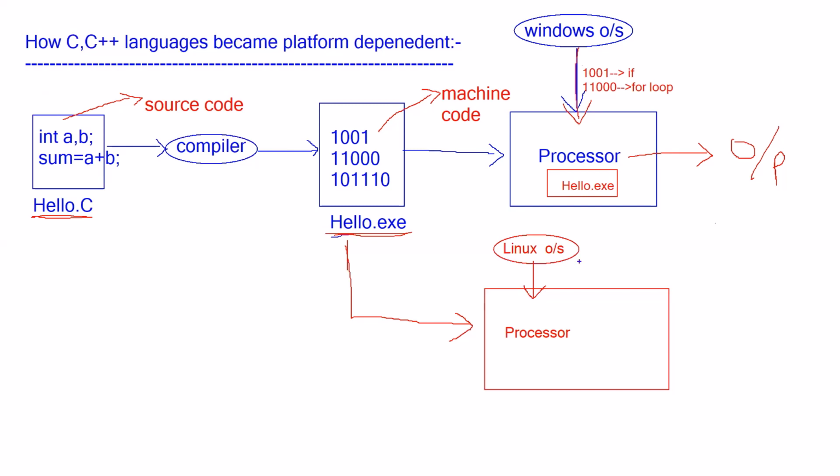How will it give the instructions? Here you can see. It says 11001 means you consider it as a switch statement, or let us say a while loop. And 11000 means you consider it as an if statement.